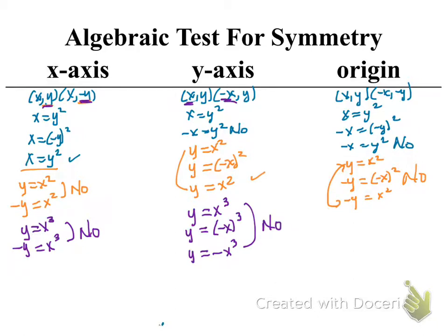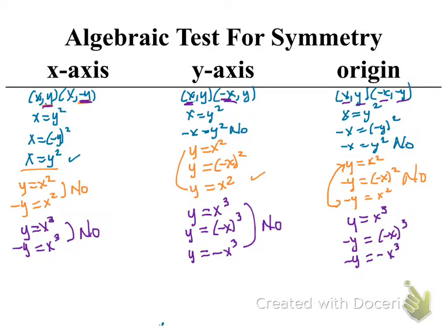And then finally, we check it with the origin, y equals x cubed. Here I have to replace both x with negative x and y with negative y. Then I have negative y is equal to, and negative cubed is negative, so I get negative x cubed.